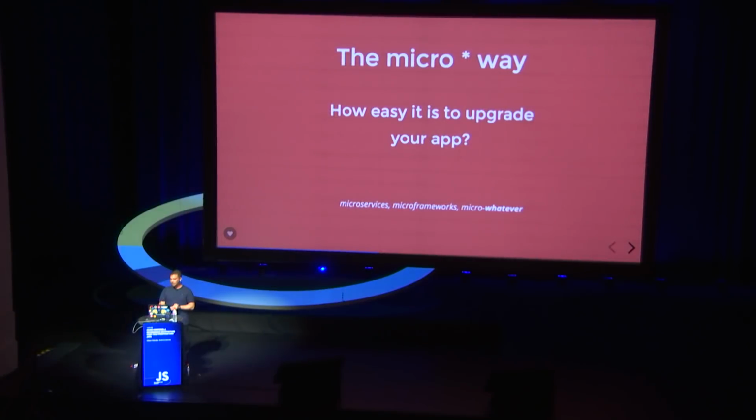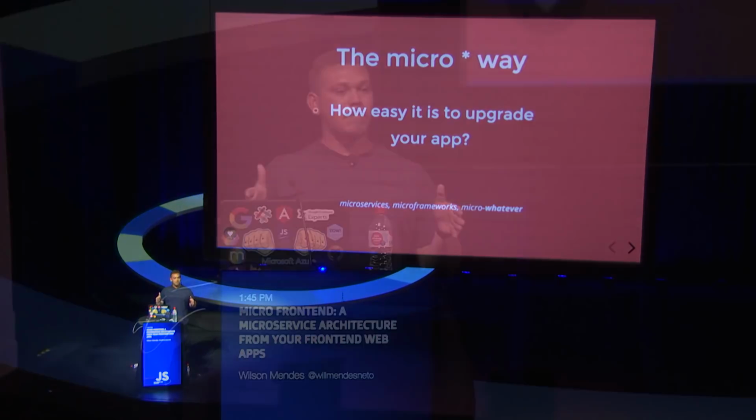First of all, let's talk about architecture, a really top layer. When we talk about microservices and those things, micro frameworks and micro bundles, we are talking about the micro way. The first goal is how easy it is to upgrade your application. They start with these ideas, and they put it together, and they call it microservices now.